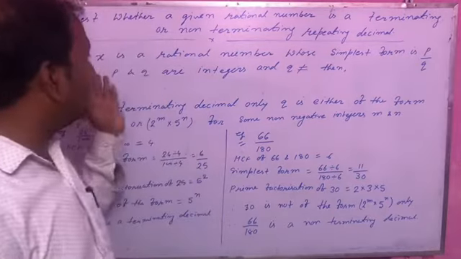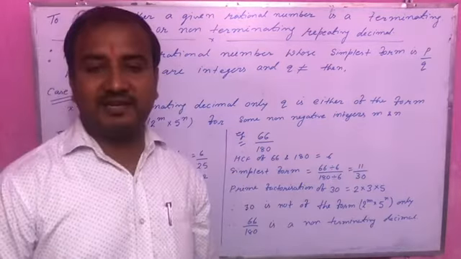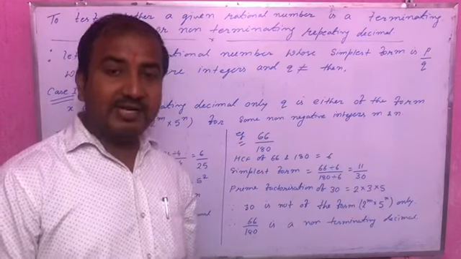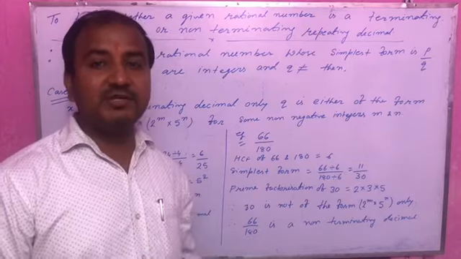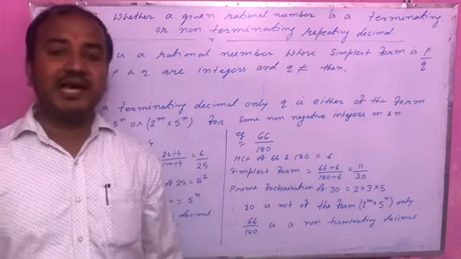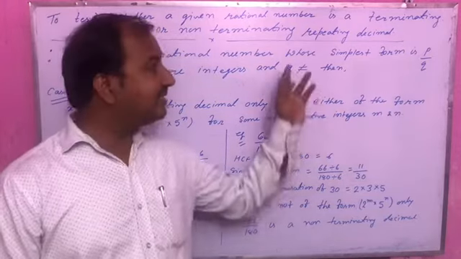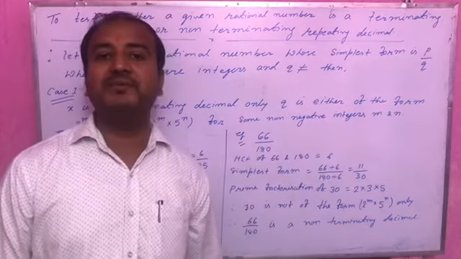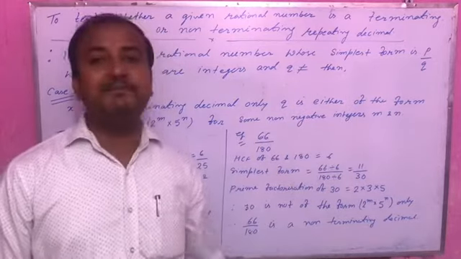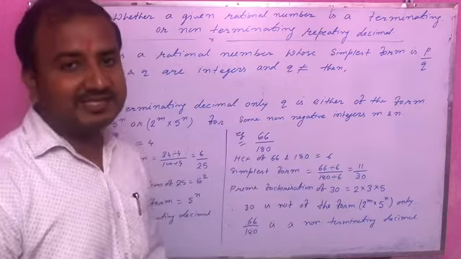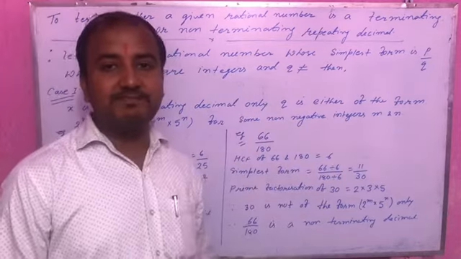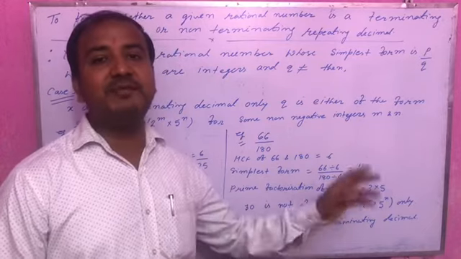Let x be a rational number, and you know what? A number which is written in the form of p by q, that is rational. Actually here we have taken x as a rational number whose simplest form is p by q.